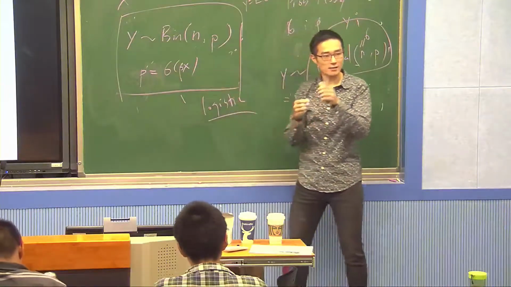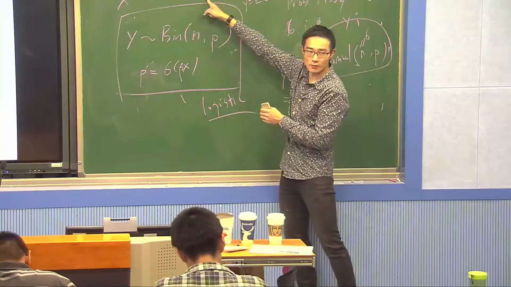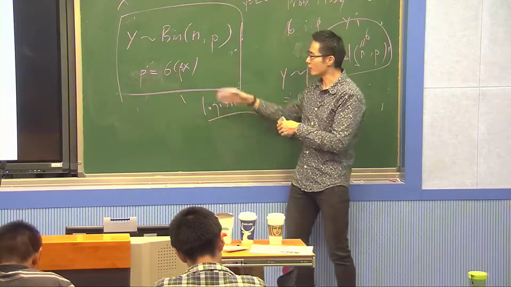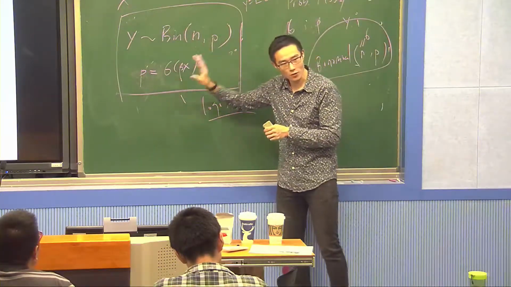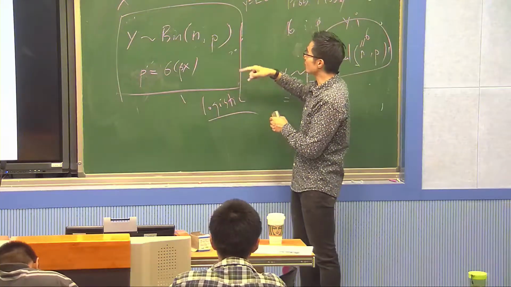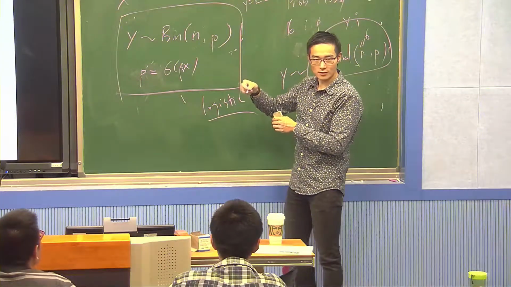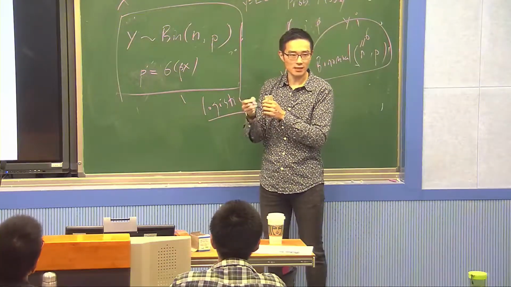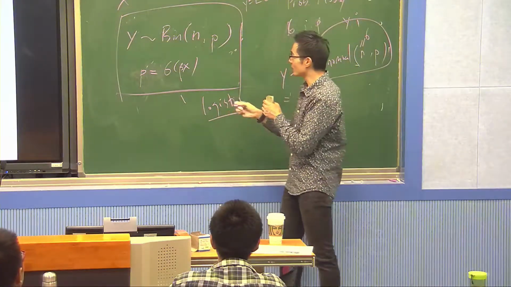So if Y is the sum of 0, 1 variables, then you can also use logistic regression. Or in other words, if we do this, this is also called logistic regression. Same thing. It looks like there are 2 different cases, but in fact, it's exactly the same case if we think about it this way.